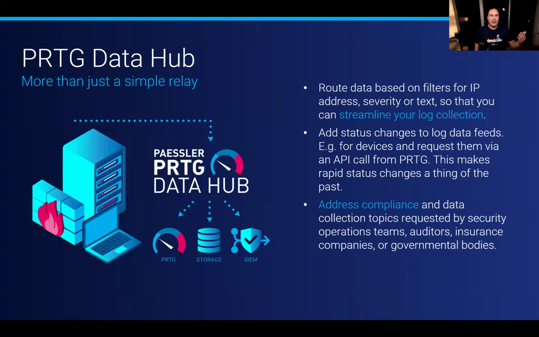So let's say a sensor goes from green to yellow, that can be in a log and be sent as well, which is pretty powerful. It gives you status changes and a nice history in your standard logging tool or even a log file, which really gives you granular visibility into your PRTG system itself.